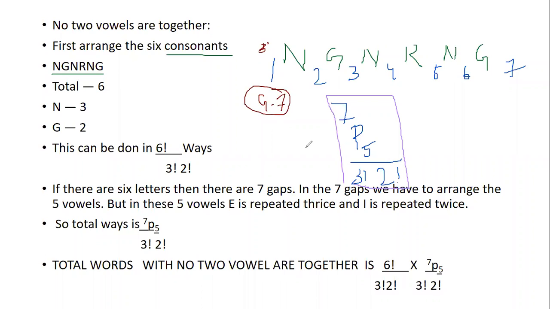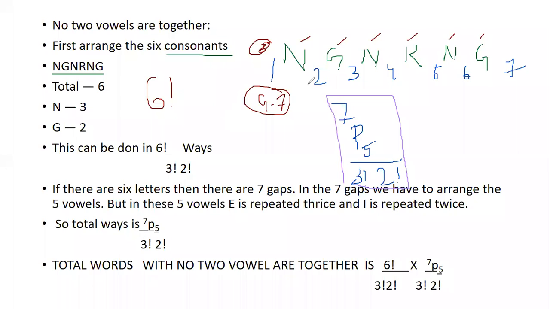We solved for girls, now we have to solve for boys. How many boys are there? 1, 2, 3, 4, 5, 6. So there are 6 boys, which means I can arrange the boys in 6 factorial ways. Everybody agrees?